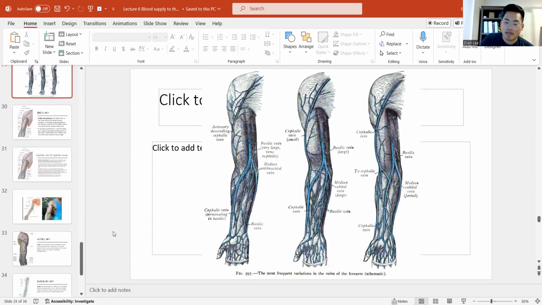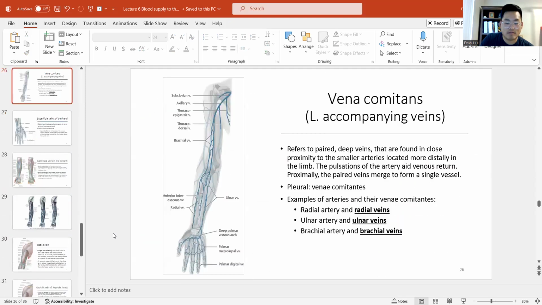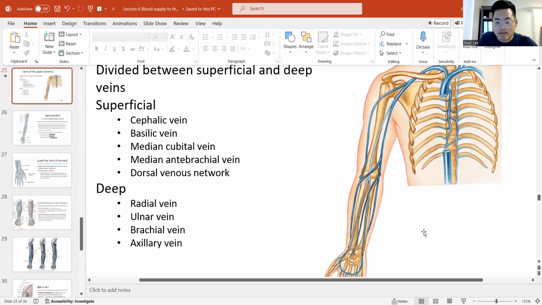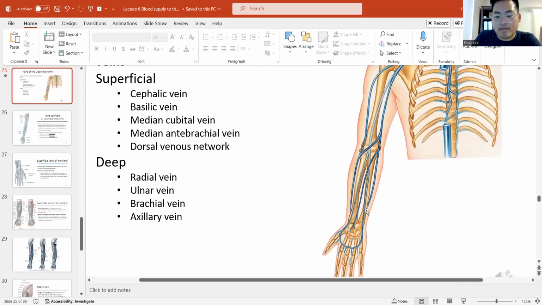So to go back real quick, I do want to show you that one more time in a better picture. If you look closely, let's go with the deep veins first. The deep veins are the radial and ulnar veins. These two are the deep ones, which typically are paired.